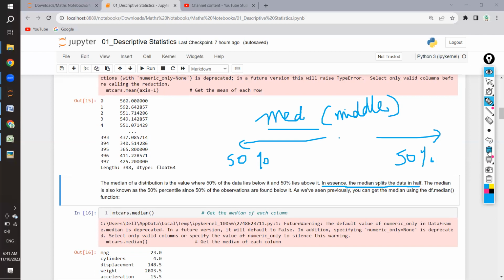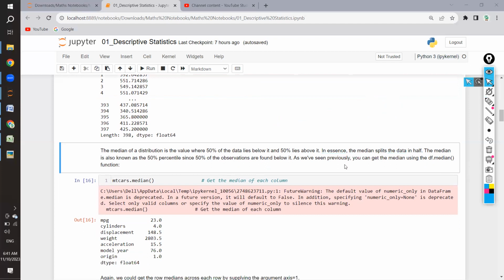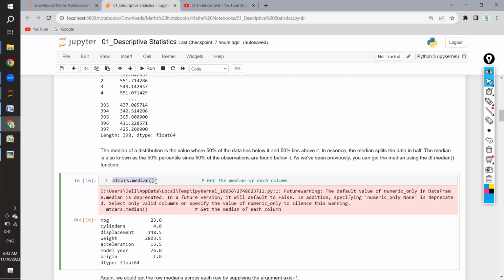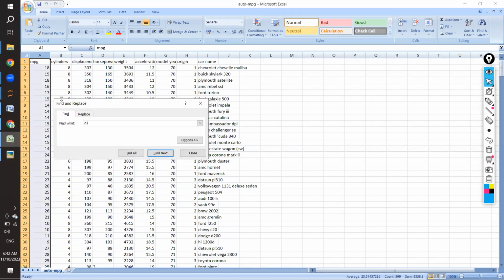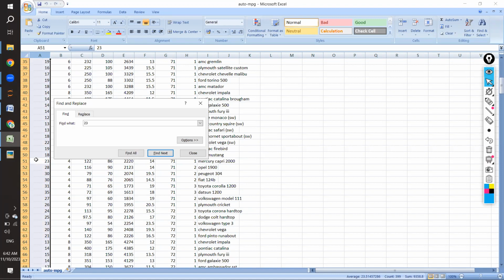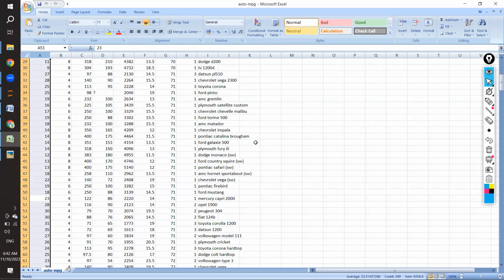Now to find the median of a given column, you can simply say the same mt_cars, the data frame, dot median. You can call this function, and it gives the median of each and every column. For example, you have 23 in the first column, and that is the median.